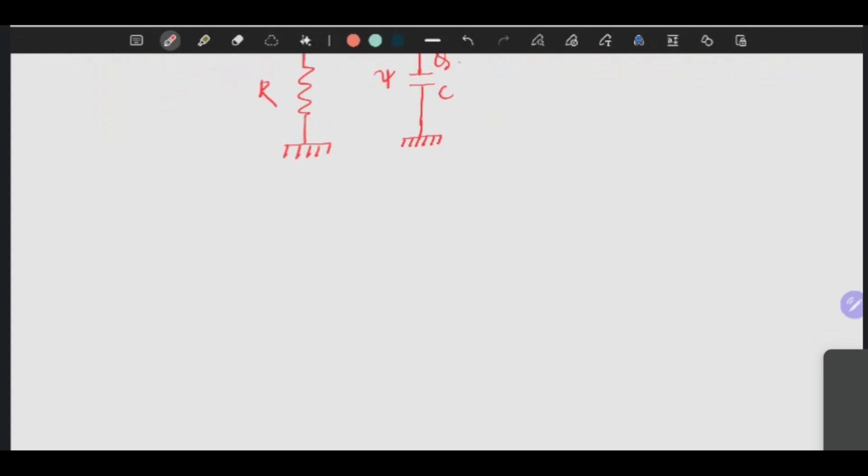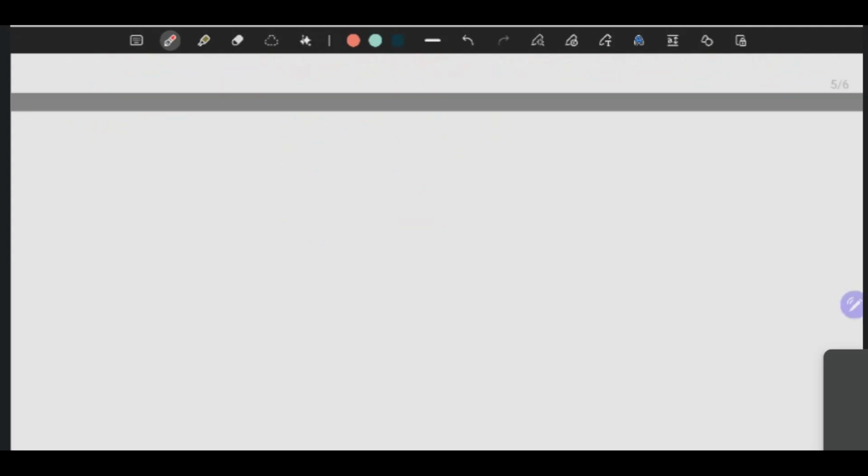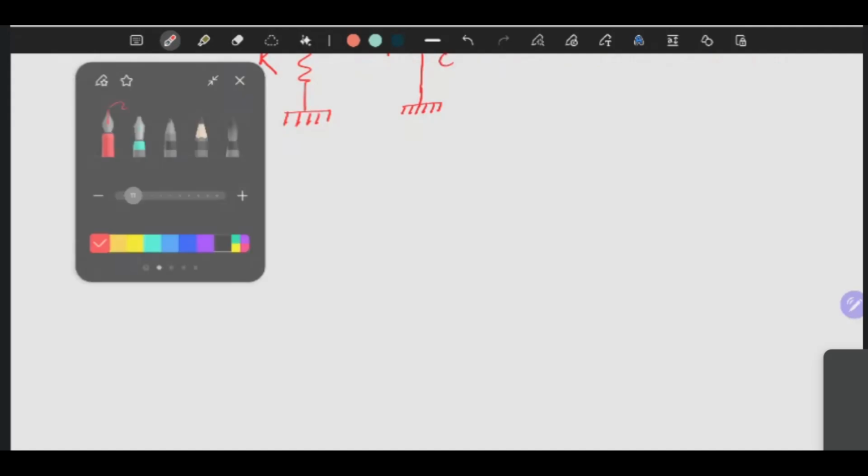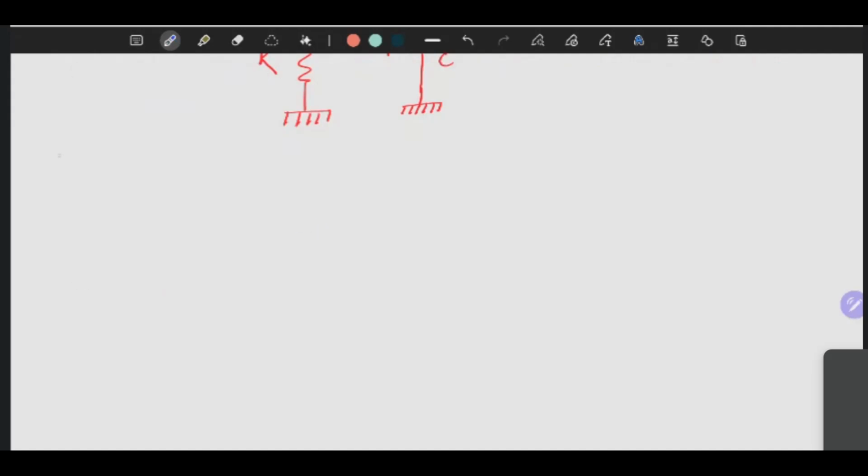Let's do the solution of this problem. Now this electrical circuit is analogous to the Langevin equation.